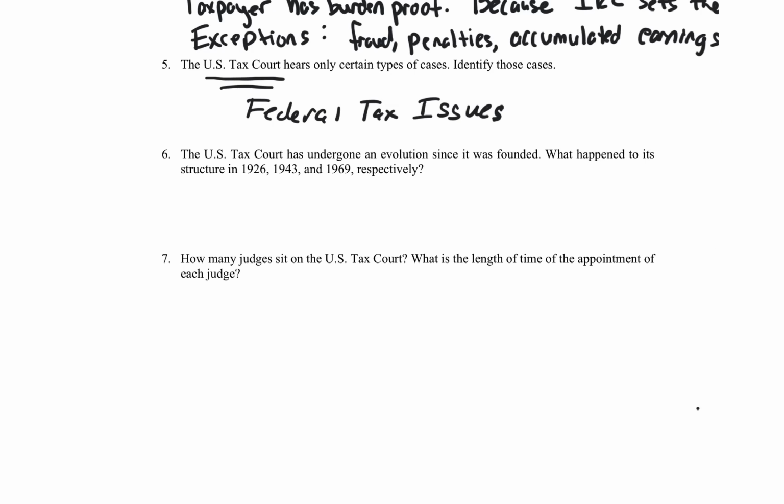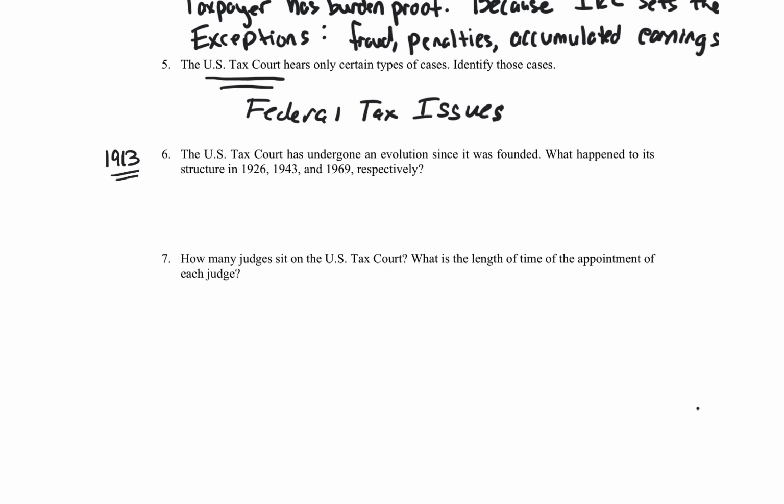So this is one thing I didn't really go in depth on in the introduction to judicial sources. And I plan to do that here because this is meant to be a supplement to that video to help you understand better. Well, we know that in 1913, we have our consistent income tax law because of the 16th Amendment.